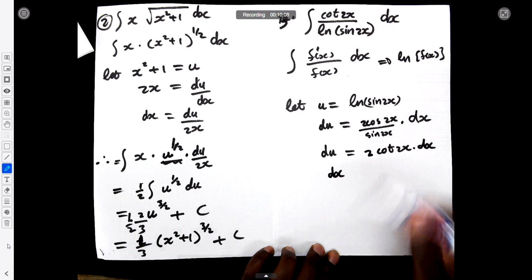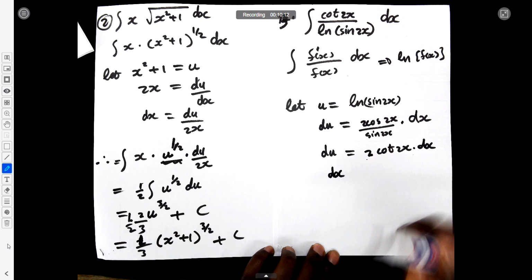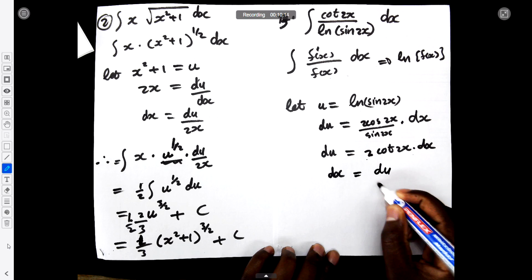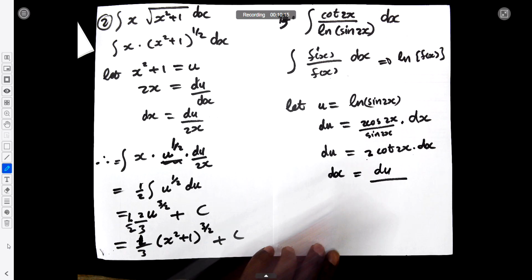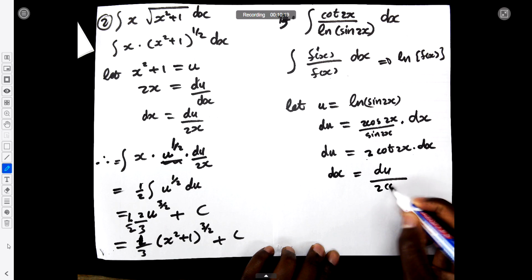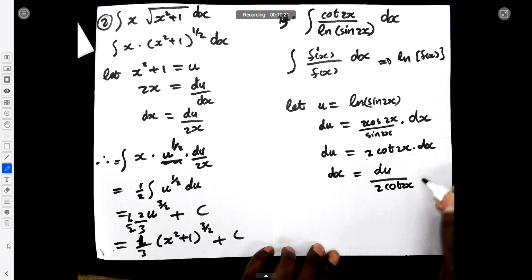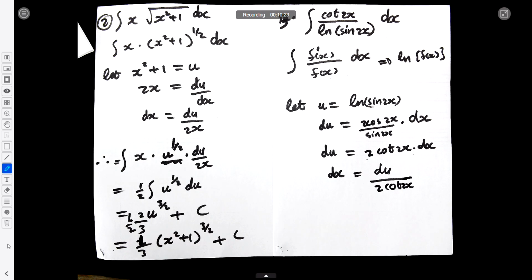To make it the subject, we divide on both sides. So we're going to have du divided by 2 cot 2x. As I said, the factor that was missing initially when I was inspecting was 2. I was going to divide by 2.